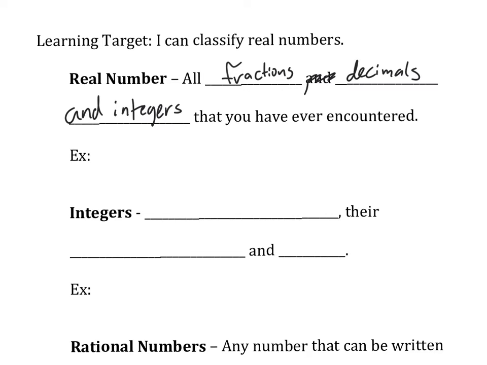When you get to high school, you will learn about other kinds of numbers called complex numbers, but we don't need to worry about those right now. Everything you've seen so far is a real number.